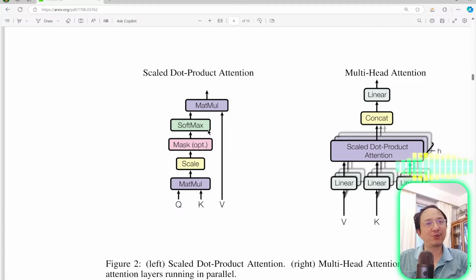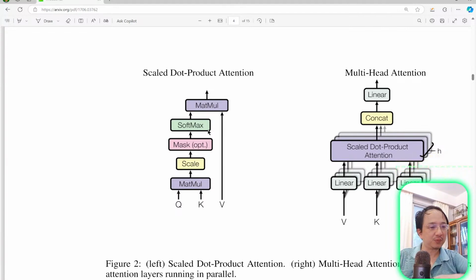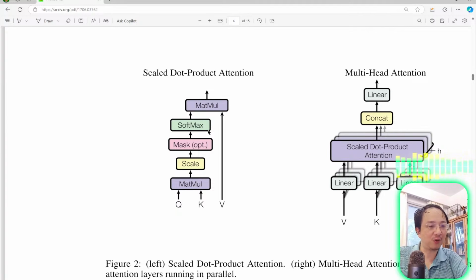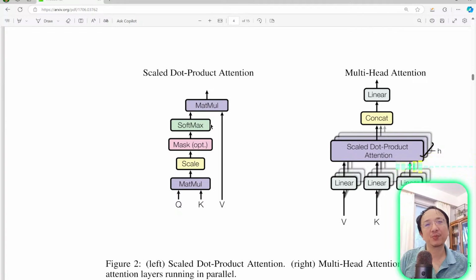So we have to have a scale to deal with the effect of the different lengths.